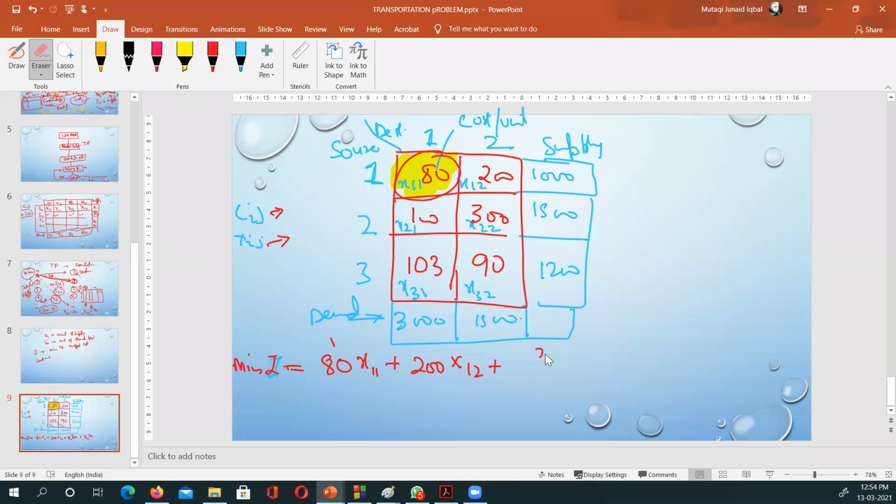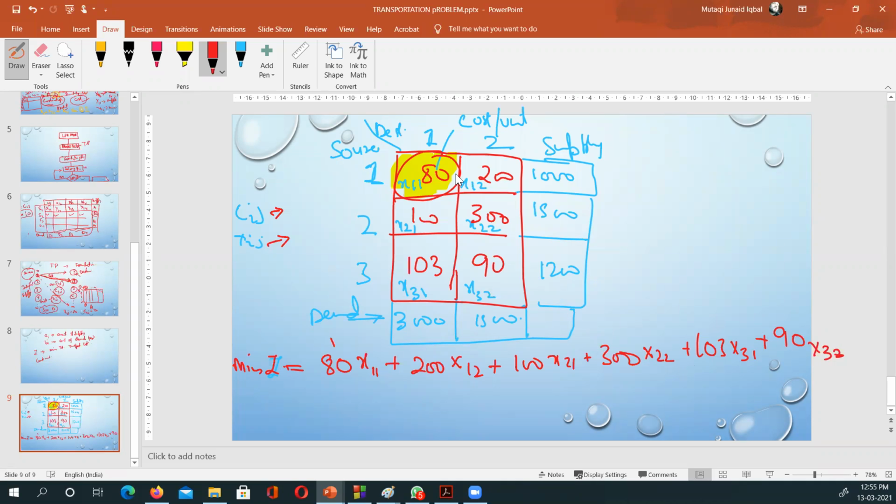One second, I will write the same way. Then I write the 100 and X21 plus 300 this one, and X22, plus 103 multiplied by X31 plus 90 multiplied by X32.